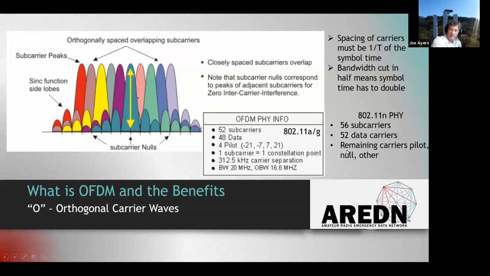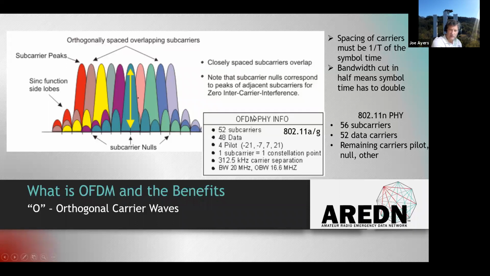With 802.11n, it jumped up to 52 data carriers, and then there are some that are null. I think it's the very center ones that are just null carrier waves. There are several pilots proportionally spread out through the band. The pilot carrier waves help the radio to synchronize on and detect the signal.